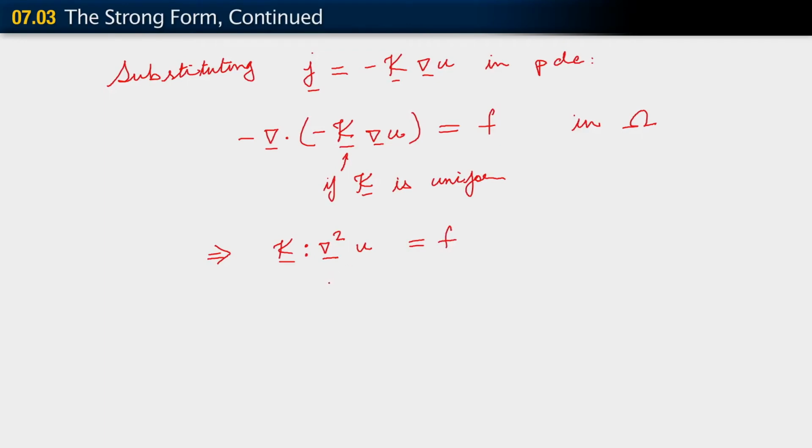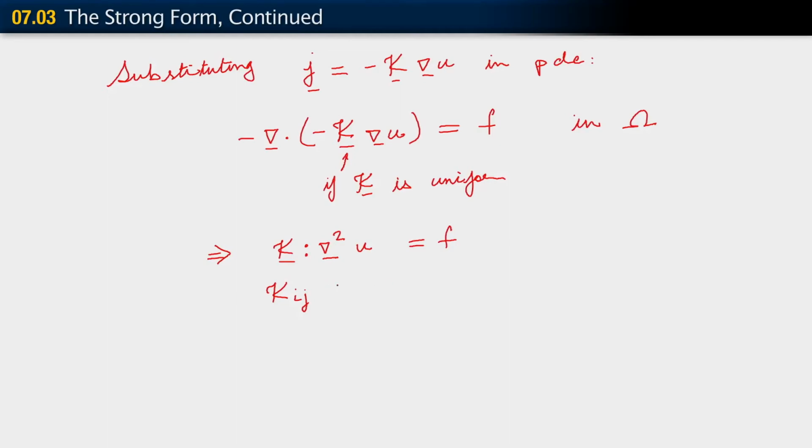Now, it's useful to write this in coordinate notation to see exactly what is meant here. The double dot there, which I've referred to as the contraction, essentially is an extension to tensors of the idea of a dot product.